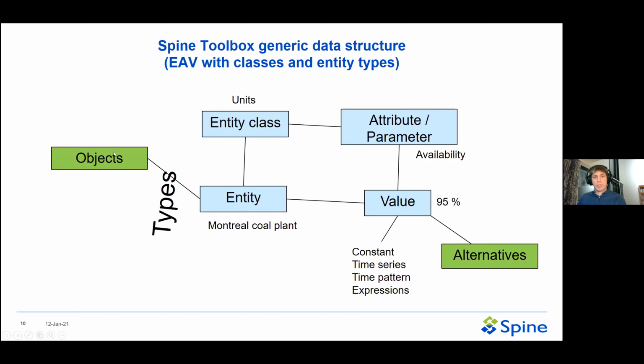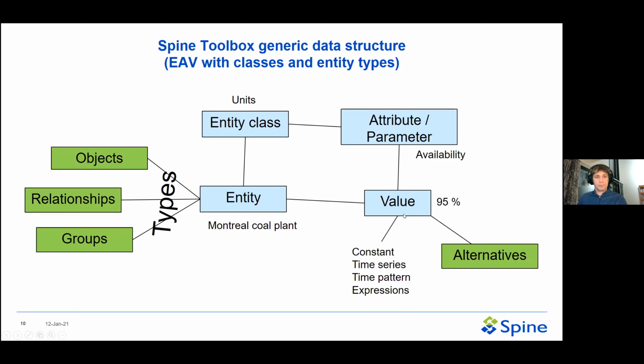They can be objects, like this example here, or they could be relationships when they define, let's say, where this coal plant is. It could be a coal plant and Montreal, two different objects, and then their relationship would define this location. And those relationships can also have parameters and values as well.